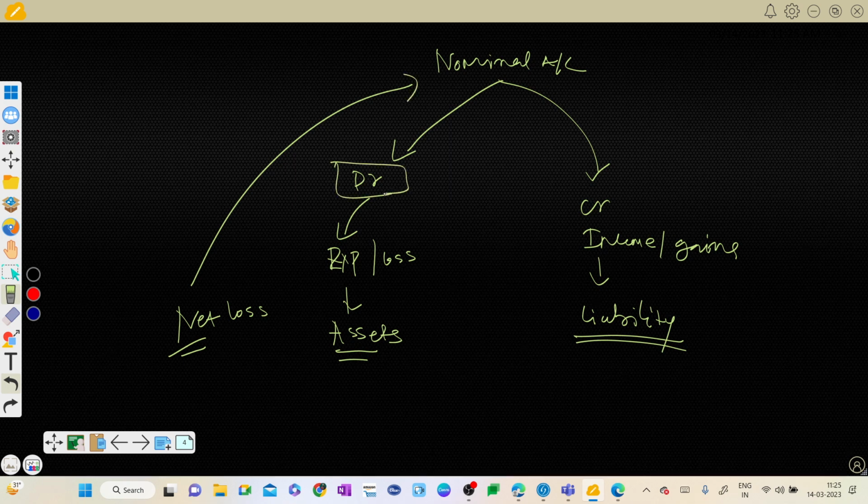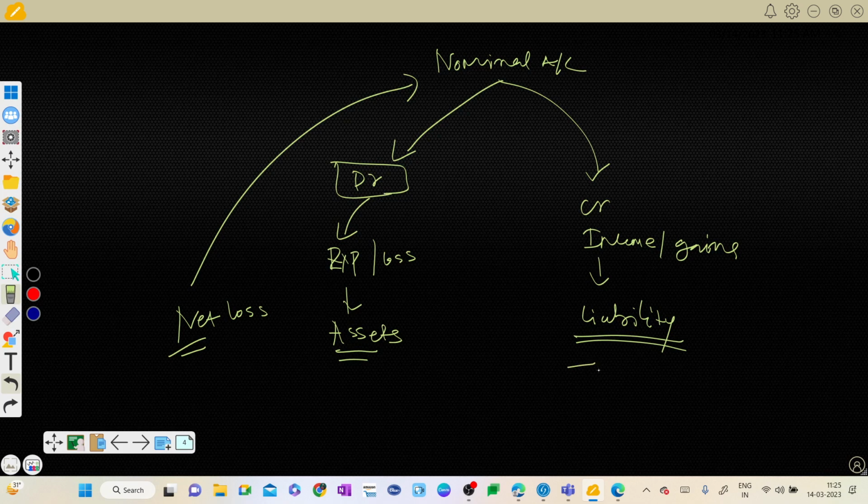Correct? Yes, no, maybe. So it means you will have options. One, you can directly record it to the asset side as you have a net loss.